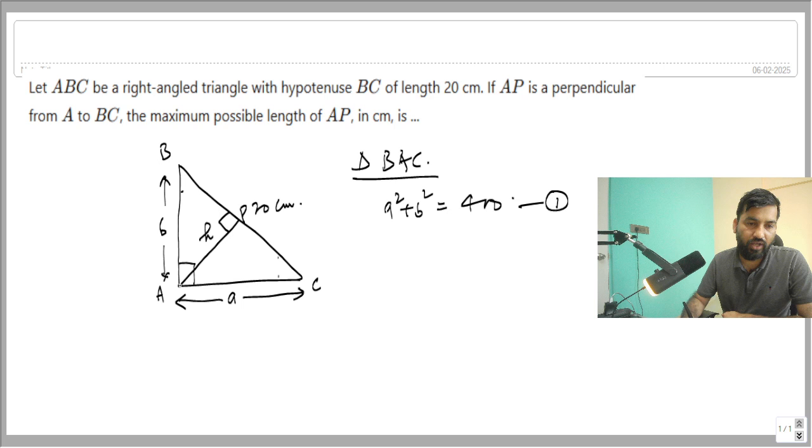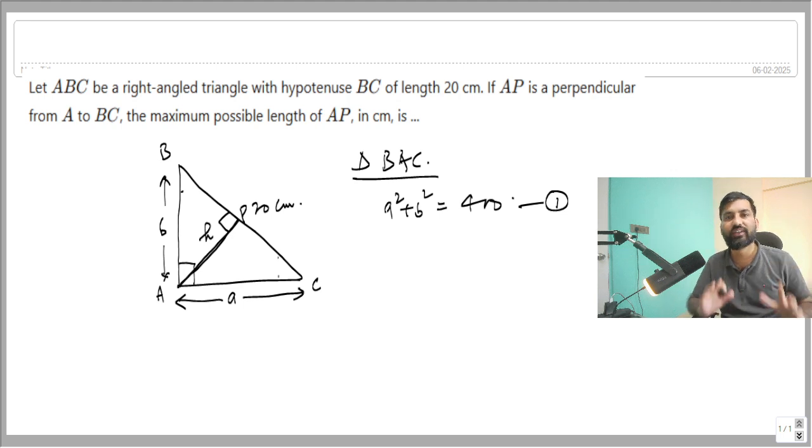Now, you should also know this property, which is valid whenever there is a right angle triangle.